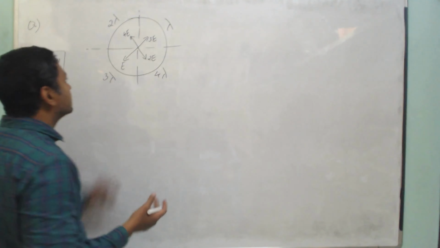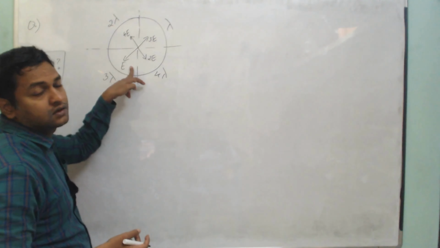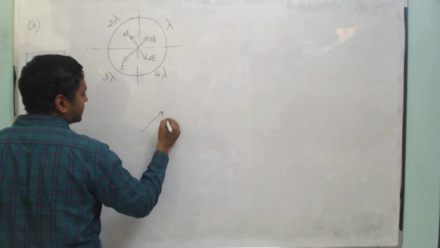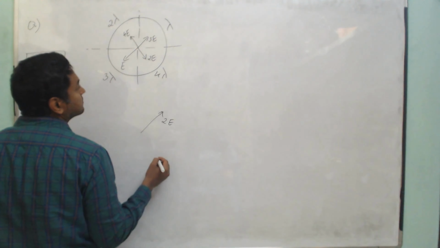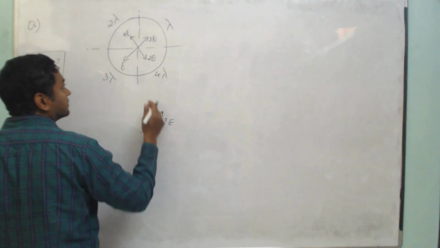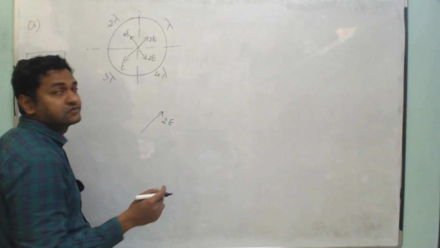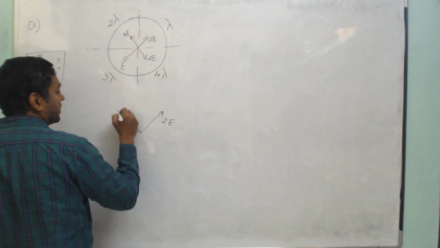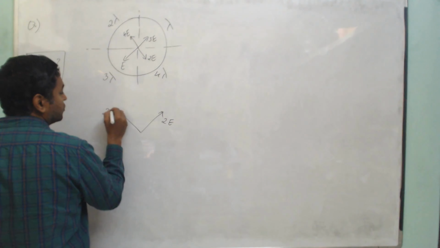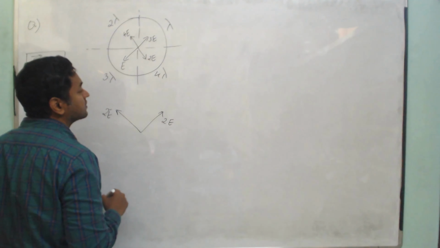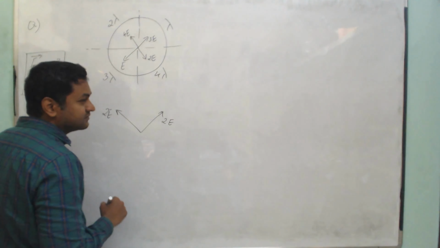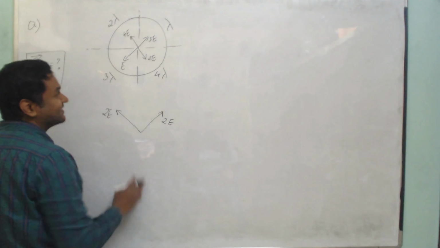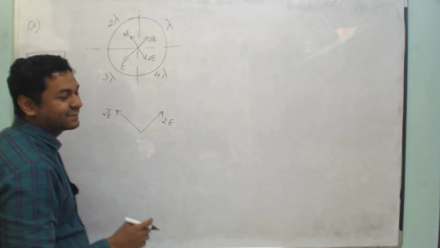Now 3E and E will cancel each other, and I will get 2E in this direction. Correct? Similarly, 4E and 2E will cancel each other, and it will be 2E in this direction.